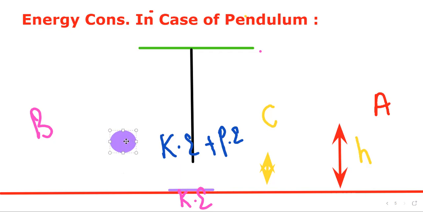When the pendulum moves from one point to another, its kinetic energy starts decreasing and its height starts increasing.